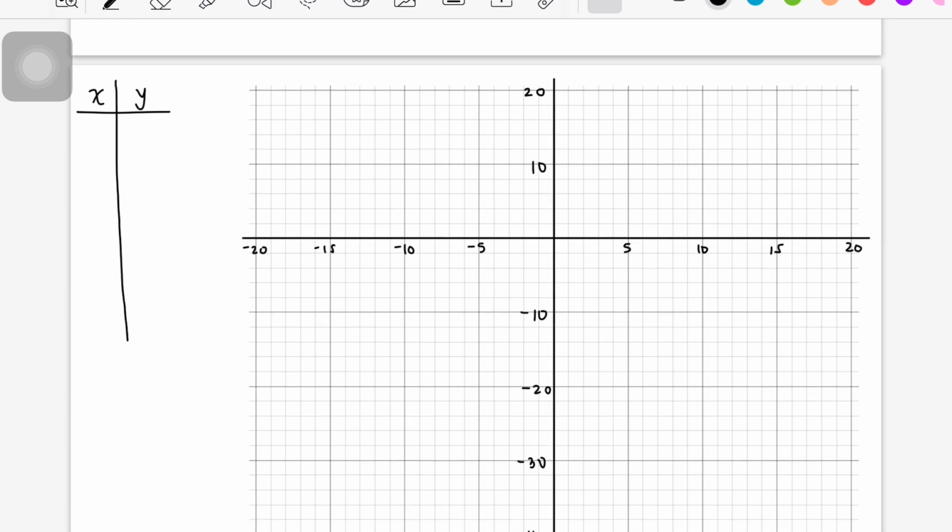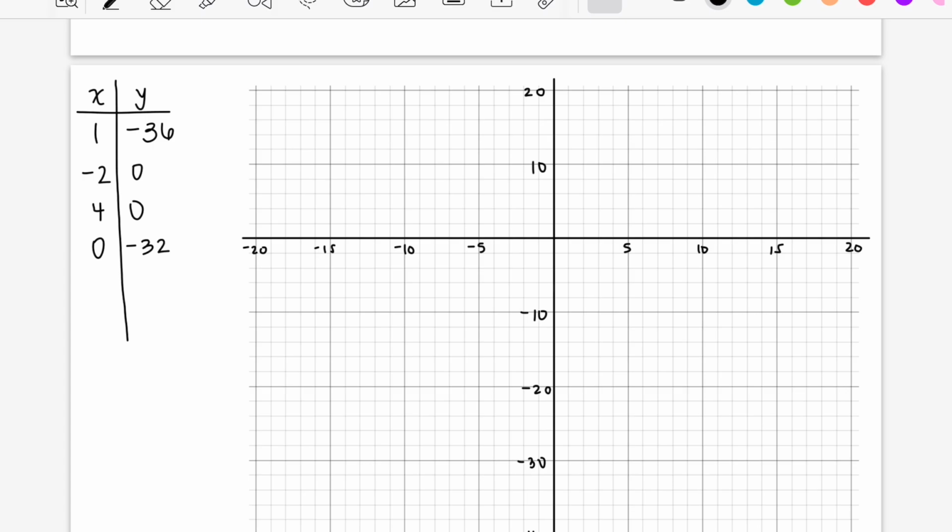So we'll start with adding our information with our vertex and our x and y intercepts into this table here. So we know that our vertex is (1, -36). Our x-intercepts were -2 and 4. And we saw our y-intercept was -32.